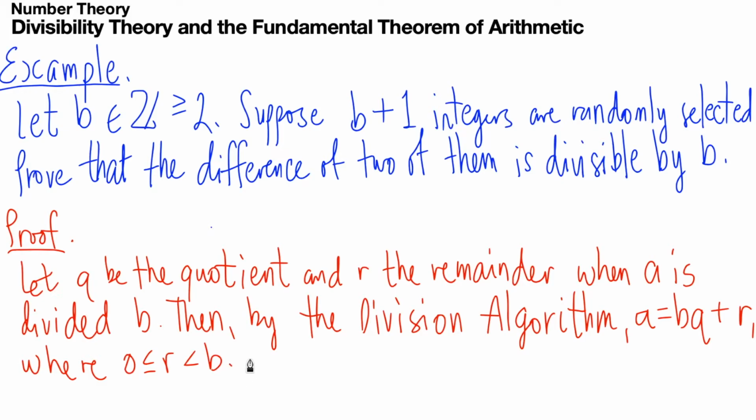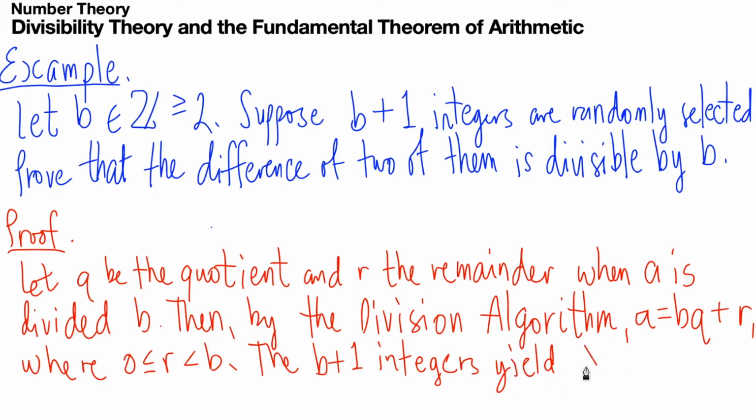So the b plus 1 integers yield b plus 1 remainders.